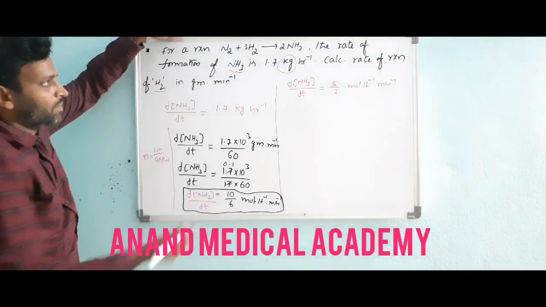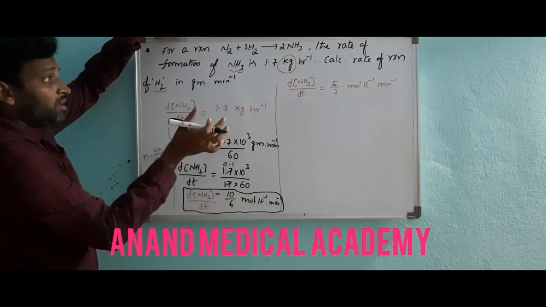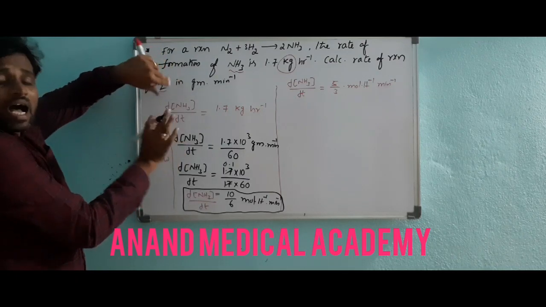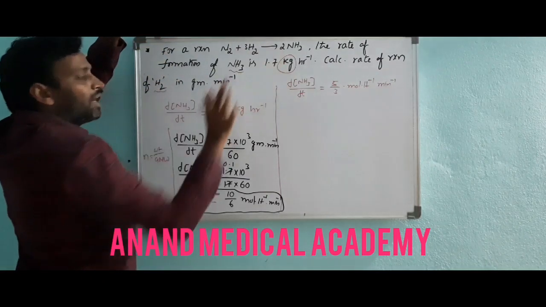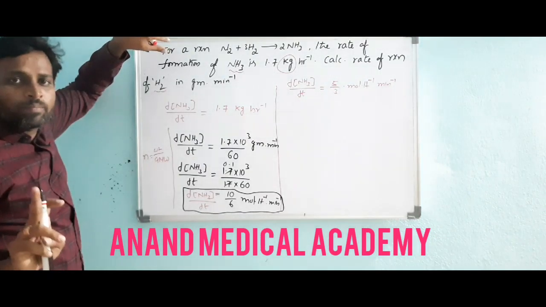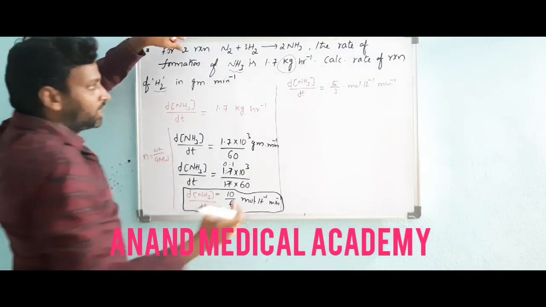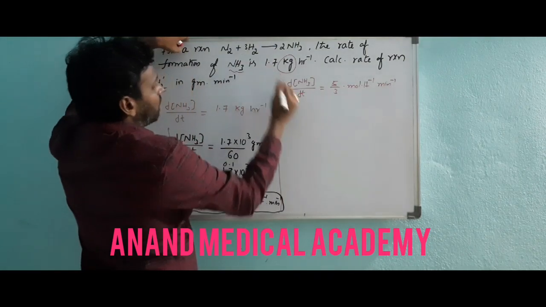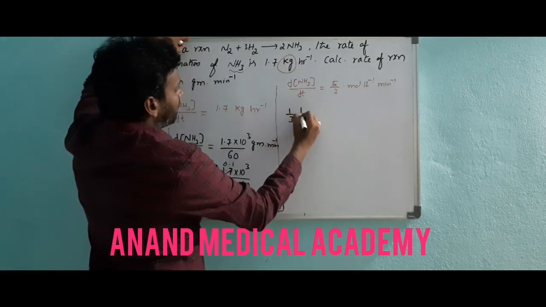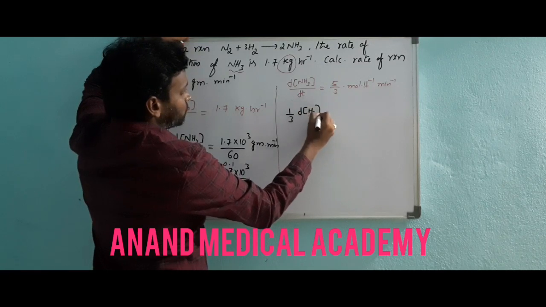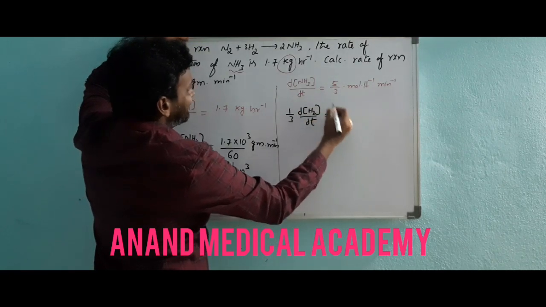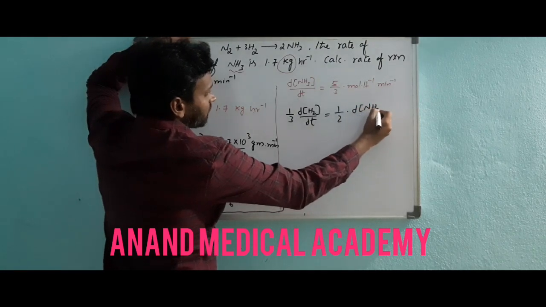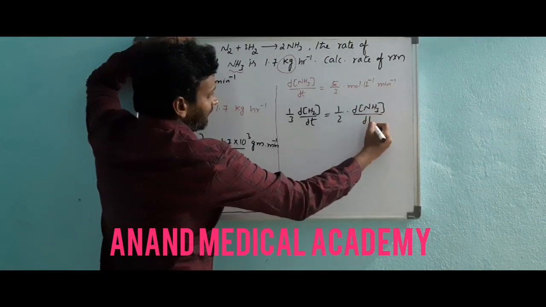So now, what is the rate with respect to H2 that is asked? So the rate of reaction is asked. When the rate of ammonia is provided and H2 is asked, definitely you have to compare. This is the most important thing for you. Got it? So what you have to do is 1 by 3 d concentration of H2 by dt equals 1 by 2 d concentration of NH3 by dt.